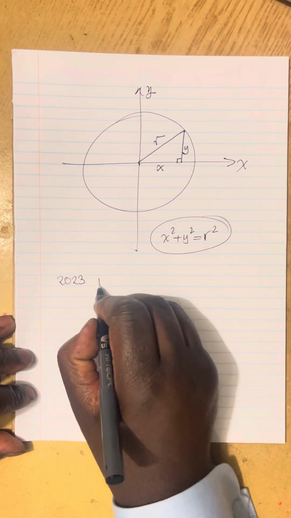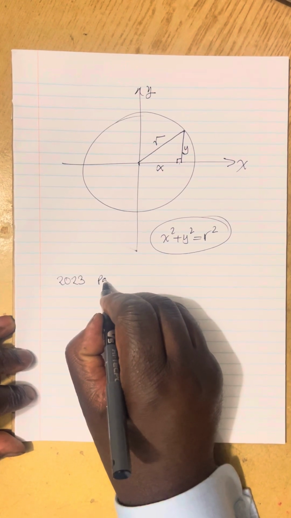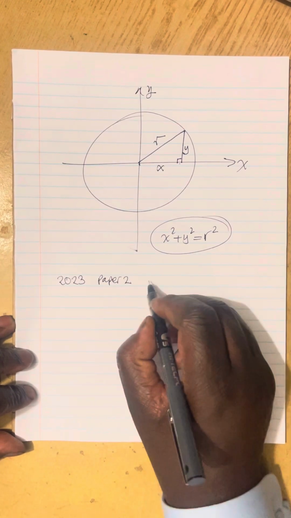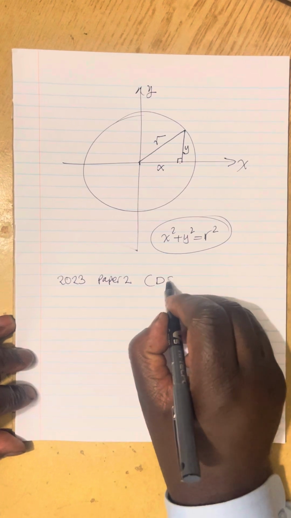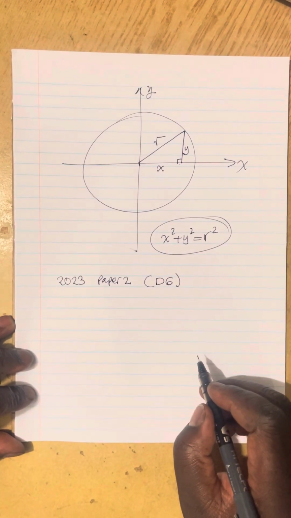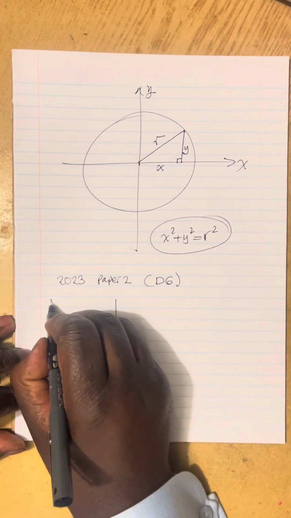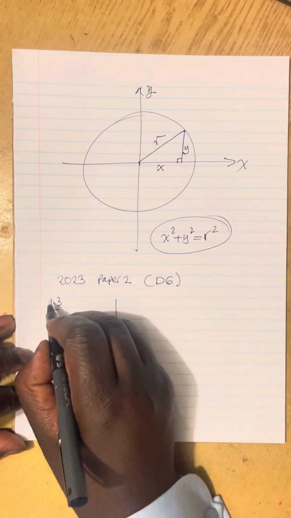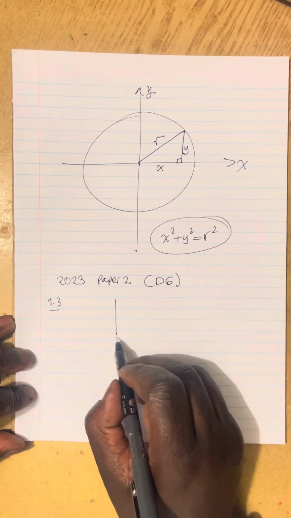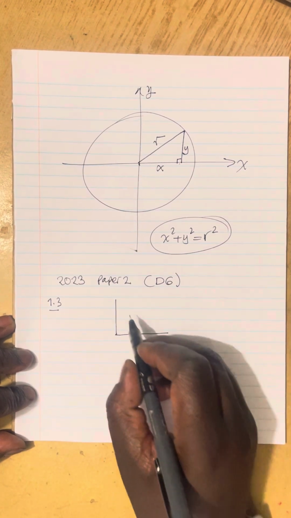This is Kuleni North, which is D6 in Gauteng, South Africa. Look at the question here.